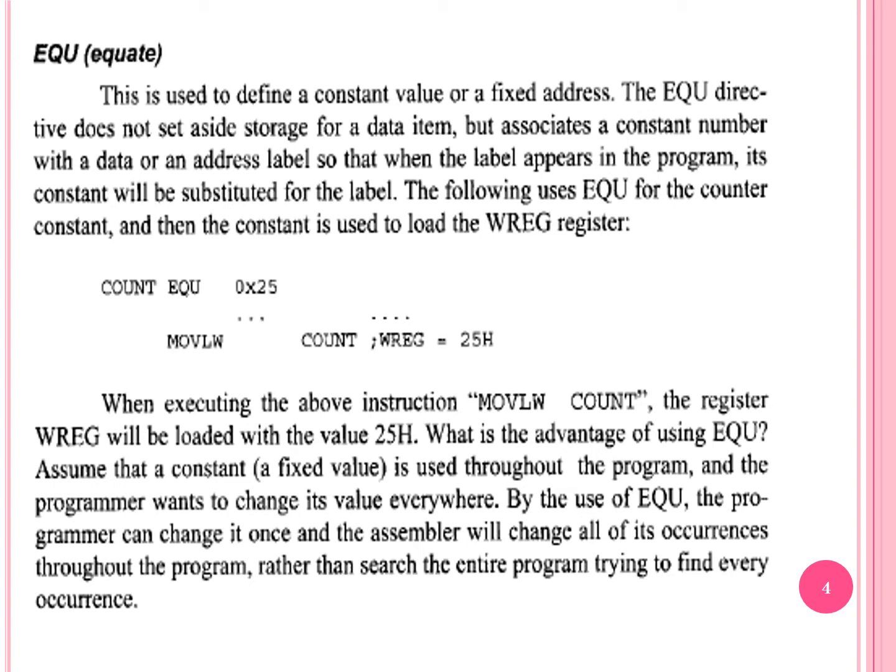Meaning, something we want to use repeatedly in the program, and suppose we suddenly want to change its value. In the beginning say one variable we have used, a, and we assign a is equal to 10. Now in the whole program a might be used 3, 4, 5 times. Now instead of 10, I want to give 20.